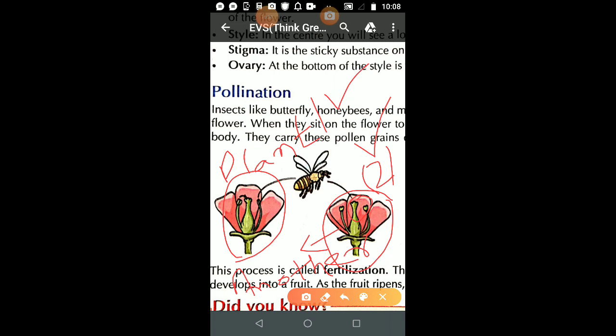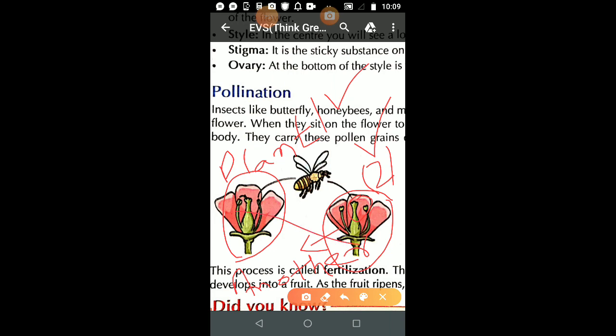Now, after discussing reproduction in the flower, we find there are two types of pollination.